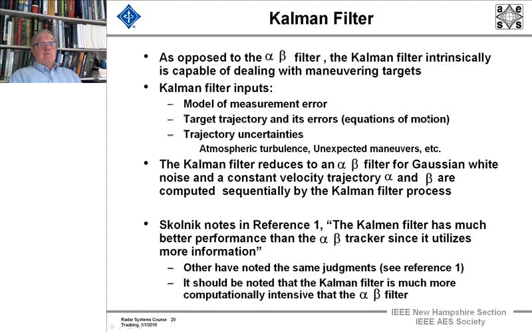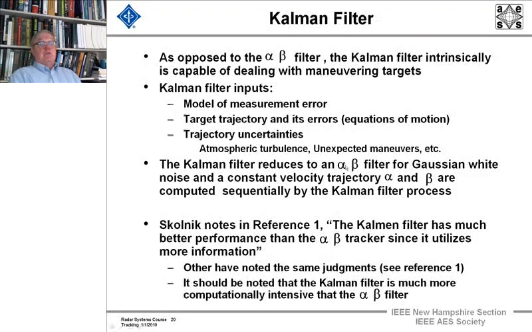That is the equations of motion, the forces on the object, gravity, atmospheric forces, and the trajectory uncertainties such as atmospheric turbulence and unexpected maneuvers. Certainly, range instrumentation radars that measure missile trajectories in the atmosphere and want to track targets very accurately on ranges would use a Kalman filter.